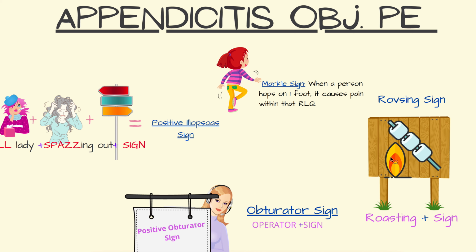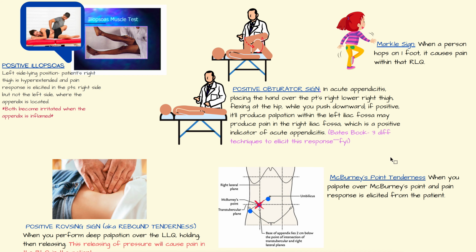Also, you have the iliopsoas sign, which is also a part of appendicitis. These are all objective findings that may help you when you take your boards. The boards may not list every single one of these signs, but they will for sure list a couple of these.